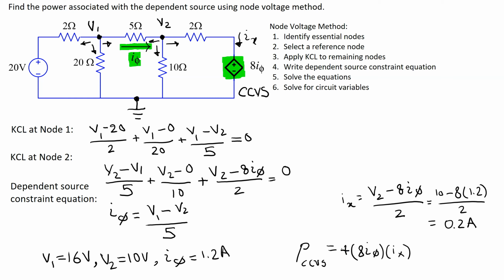Now we can substitute values to get the result. This is equal to 8 times 1.2 times 0.2, which is equal to plus 1.92 watts. So this positive answer means that the current controlled voltage source is dissipating power in this circuit.